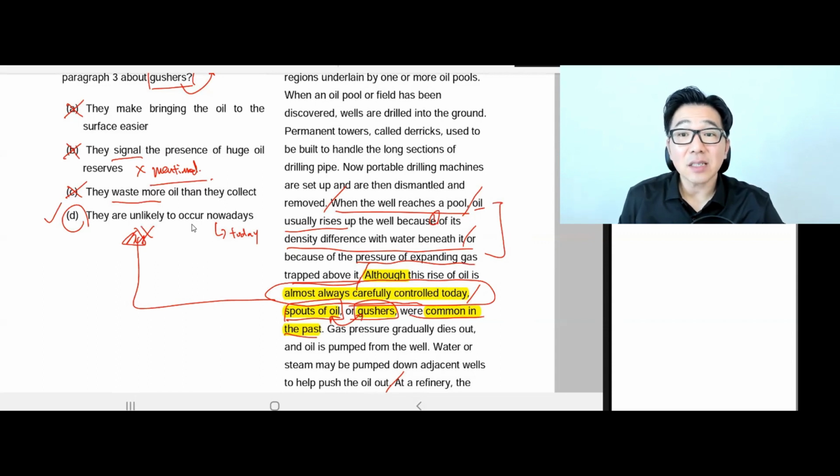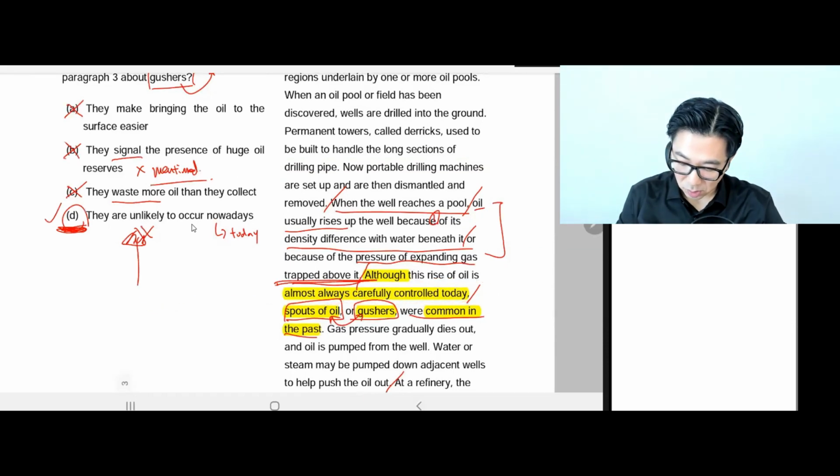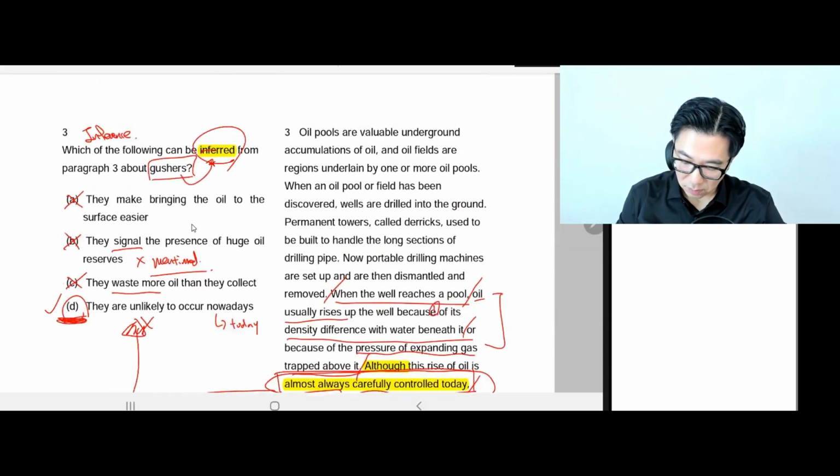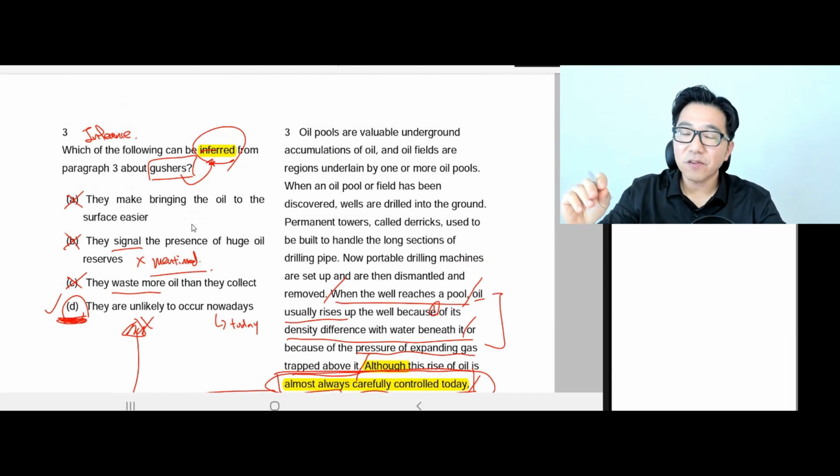It's an objective test, so one has to be the answer from specific evidence or information provided. So don't get tricked by the word infer. You're not subjectively inferring. No, you're looking for specific information, evidence that the test will give you, right?